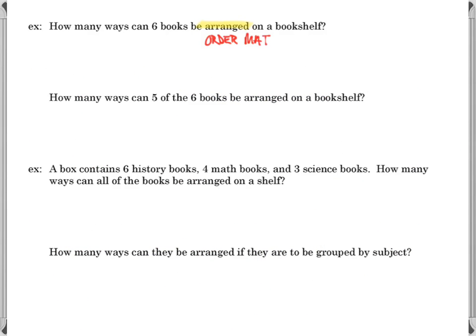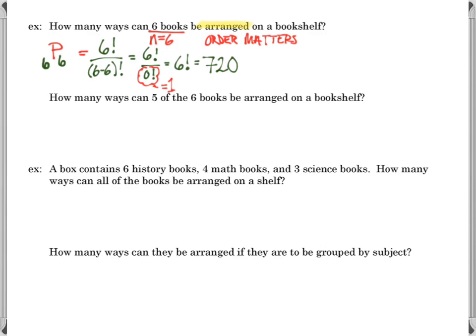All right, here are some examples. Again, we're talking about arrangement, so order matters, which makes it a permutation. I have 6 books, and I'm going to pick how many? Well, I'm going to pick all 6. So I get 6 factorial over 6 minus 6 factorial. And here's where our 0 factorial comes into play, where we define it to be 1. So I just get 6 factorial on the top. That's the way that I can arrange them.